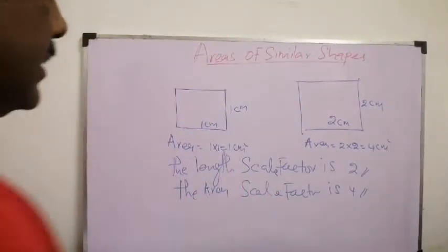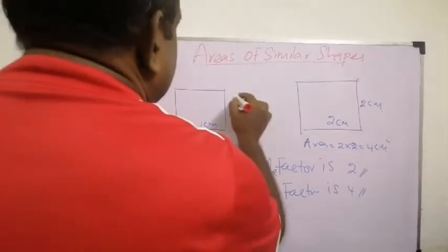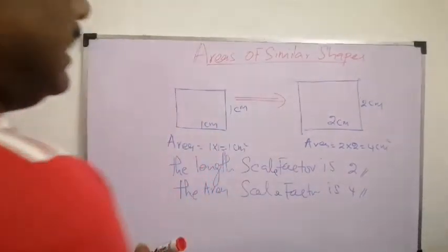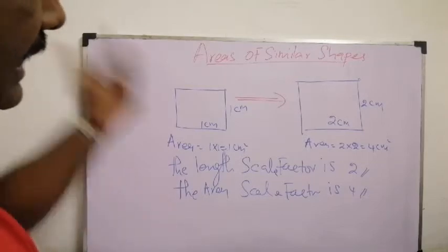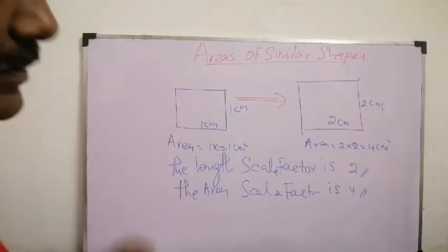Can you see that? So here we were doubling the length, and the area scale factor will be 4 times.